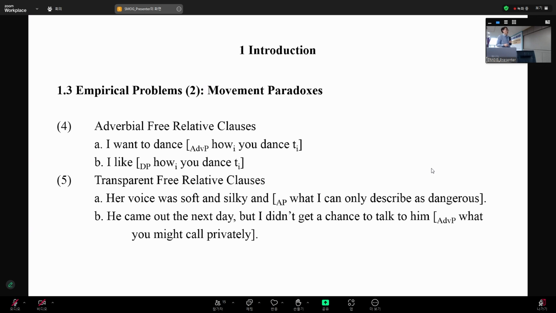So this is a problem. And 5A presents a similar problem. What seems to assign case from describe, which means that what is a DP. But we have to say that the whole clause is an adverbial phrase. So this is a problem with the claim that a dislocated constituent can project a label.